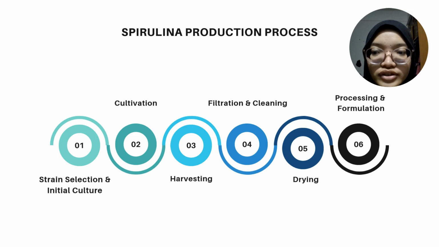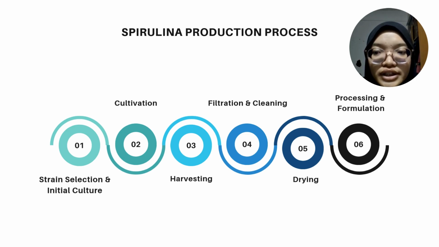The strain is first cultivated in controlled laboratory conditions before being transferred to open cultivation ponds. Second is cultivation. The spirulina is grown in clean, pesticide-free ponds under carefully monitored environmental conditions, such as sunlight exposure, pH level, water quality, and nutrient balance to ensure healthy and consistent biomass growth.